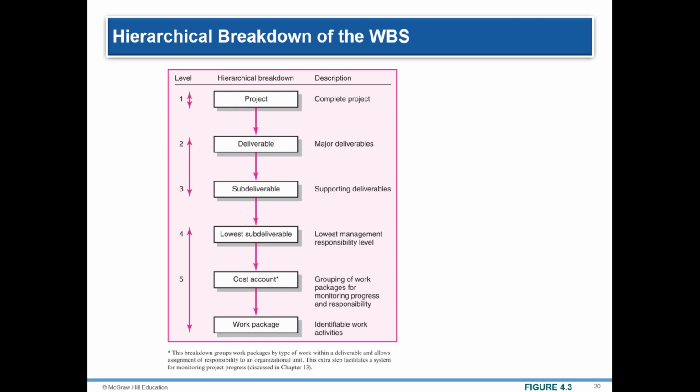The sub-deliverables are further divided into work packages, because the lowest deliverables usually include several work packages. The work packages are grouped by type of work, for example, hardware, programming, testing. This grouping within sub-deliverables is called cost accounts.